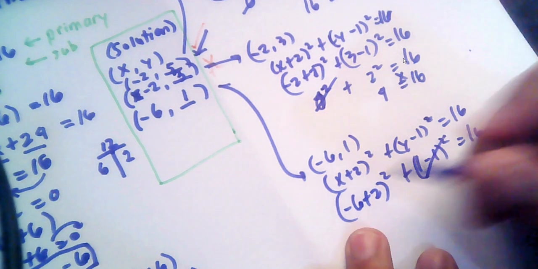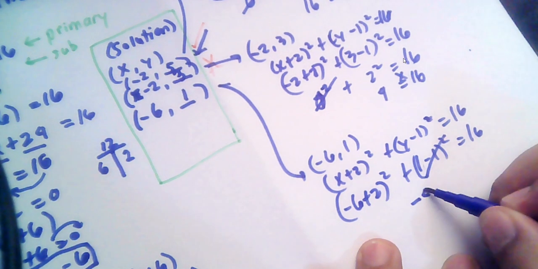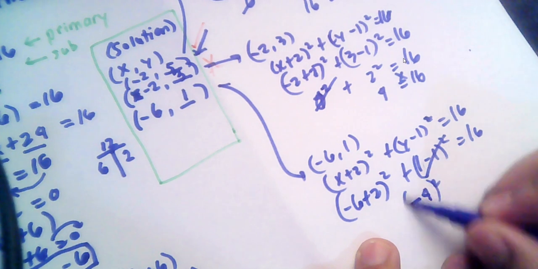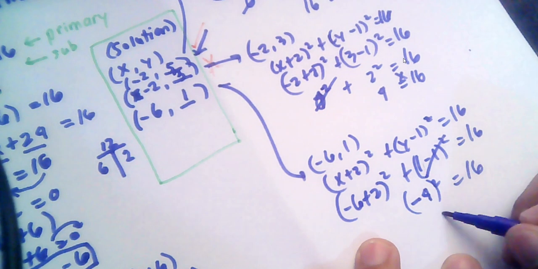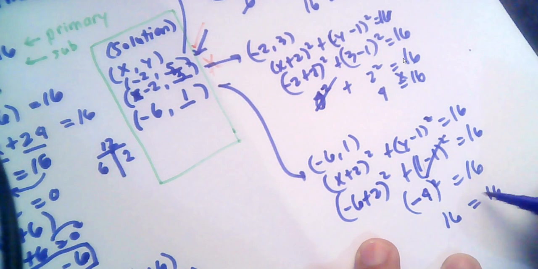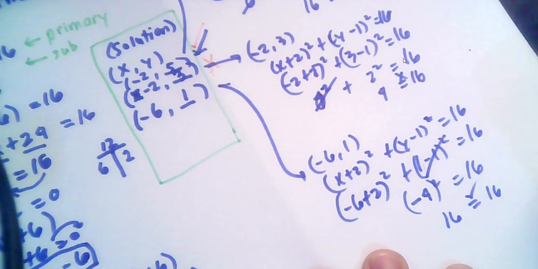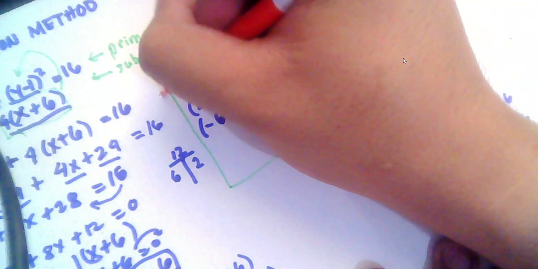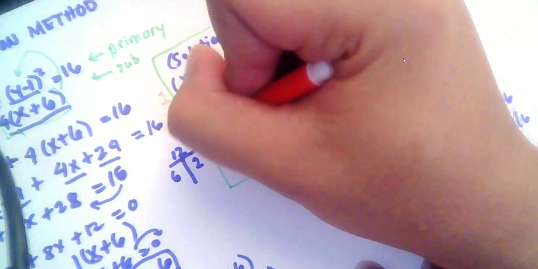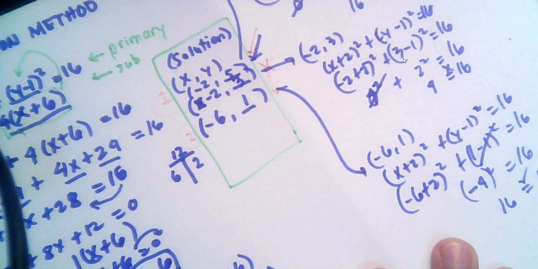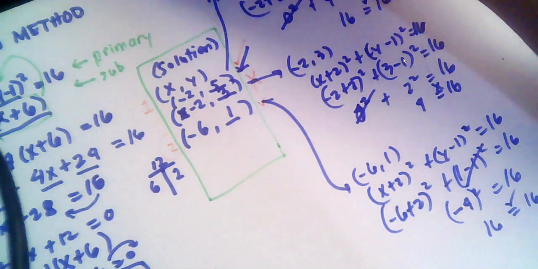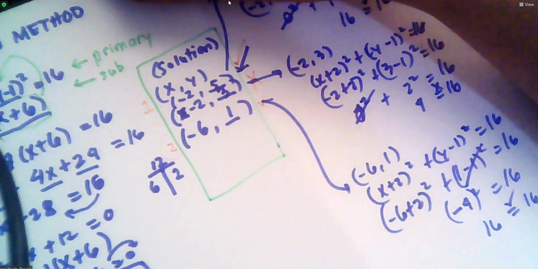Negative 6 plus 2, that is negative 4 squared equals 16. Still, that is an equation. So we have two solutions, the first and the second. That's it for the second example.